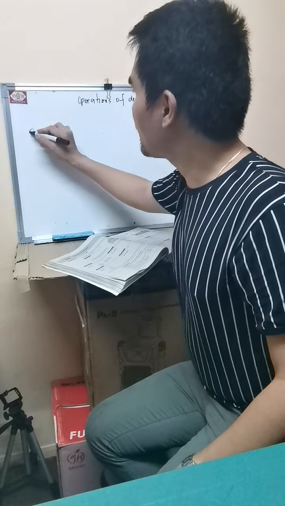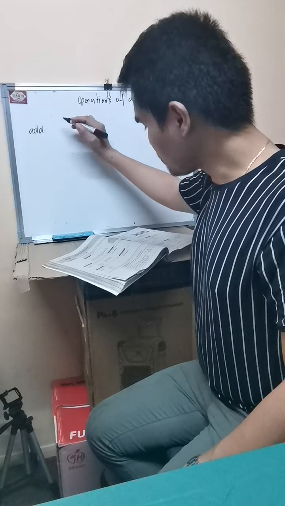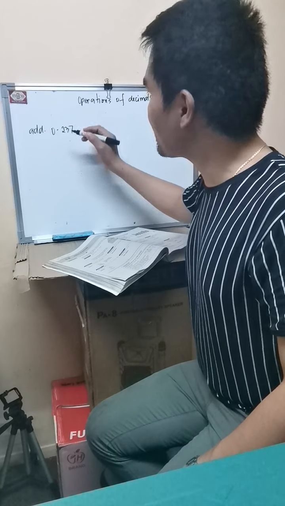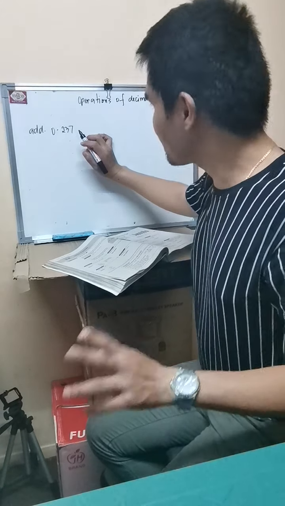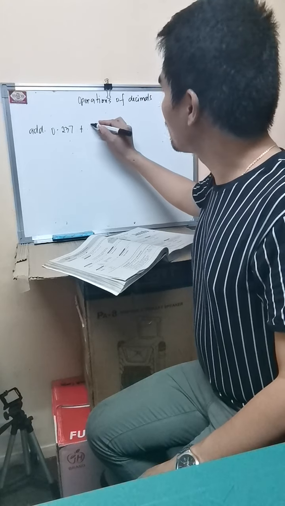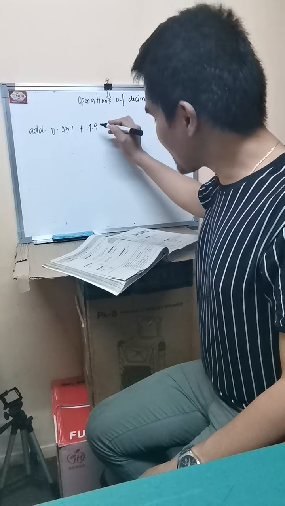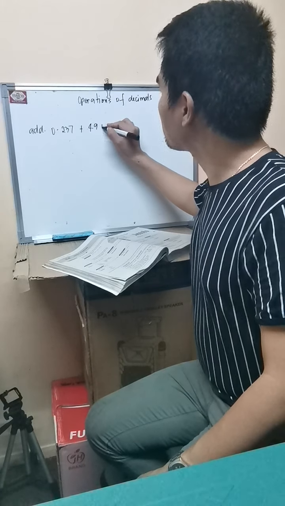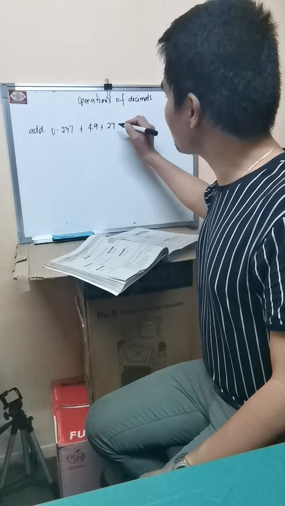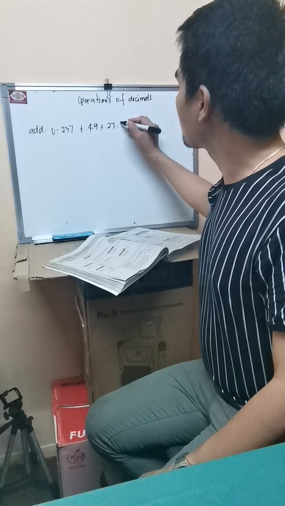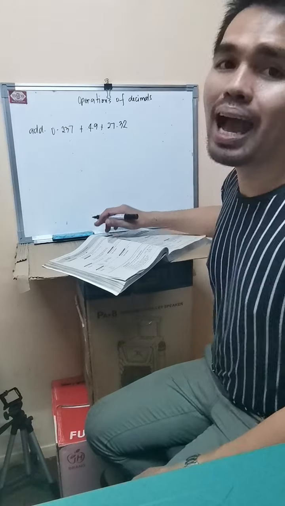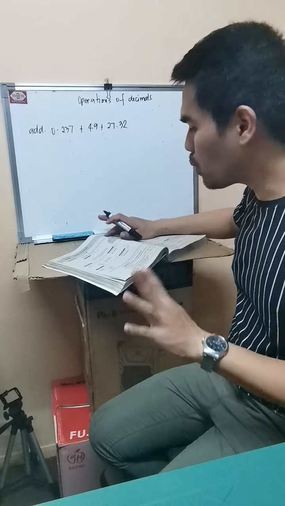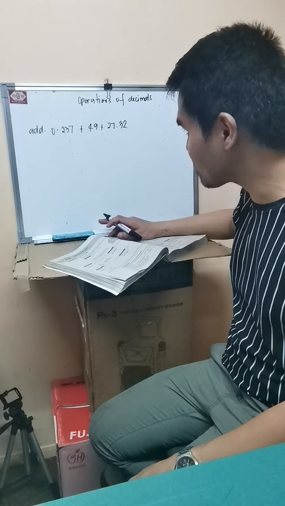Let's say for example, we will add 237 thousandths plus 4.9 and 9 tenths plus 27 and 32 hundredths. Okay, so in adding this one, first step is we will arrange numbers according to place value.